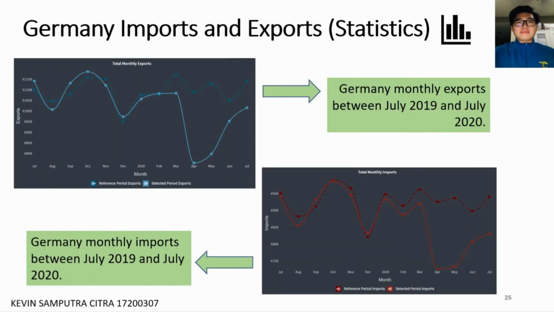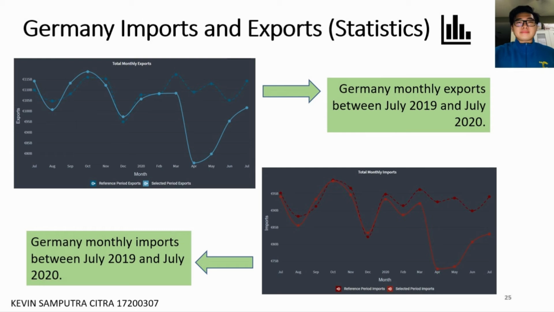Now, let's look at the imports and exports graph for Germany. The graph on the left-hand side is Germany's monthly exports between July 2019 and July 2020. We can see the export value in July 2019 was 114 billion euros, whereas the export value in July 2020 was 102 billion euros.